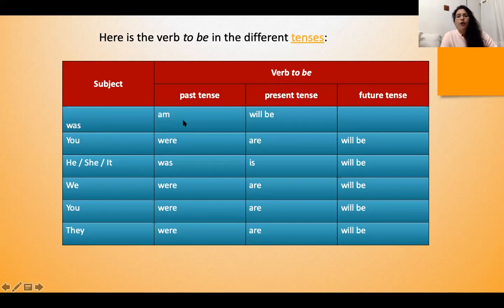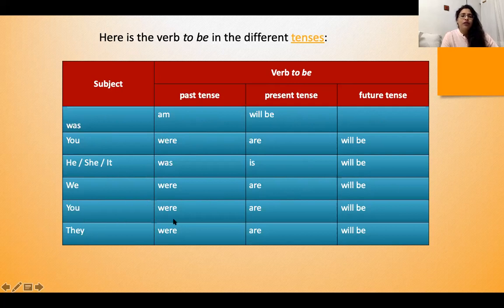When the subject is I, in past tense it becomes was, present will be am, future will be. With you, we use were, are, will be. He, she, it: past tense we use was, is, will be. With we: were, are, will be.